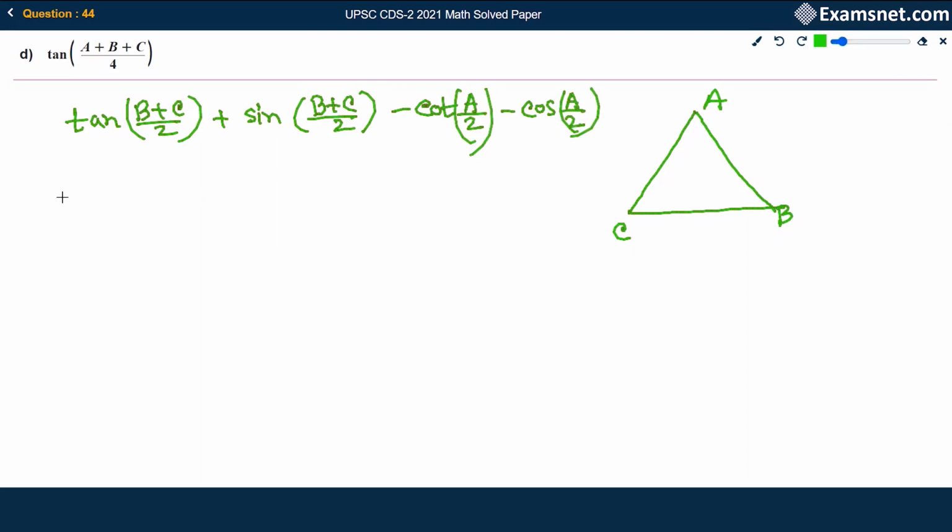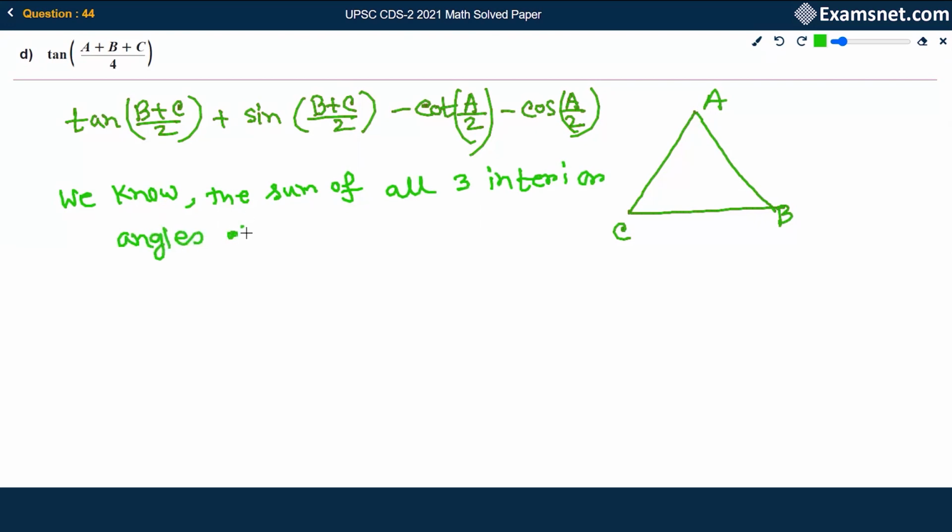So we also know that the sum of all three interior angles of a triangle is 180 degrees. So from here we can say angle A plus angle B plus angle C equals 180 degree.